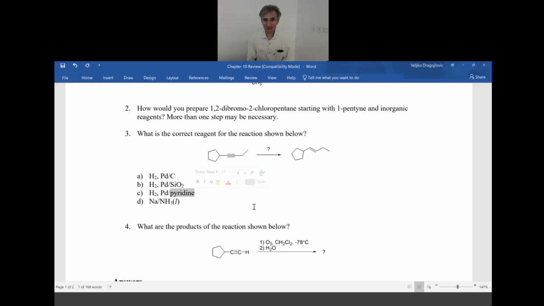So it's only capable of reducing a triple bond to a double bond, and it leaves the double bond alone. So that one is correct. And since hydrogens are delivered from the same side, the product is cis. So as I intended this question, the correct answer is C for cis product.